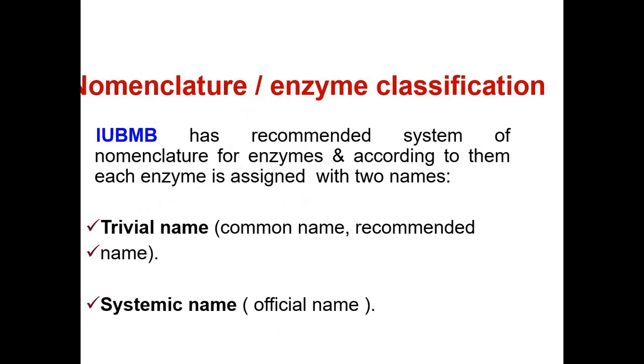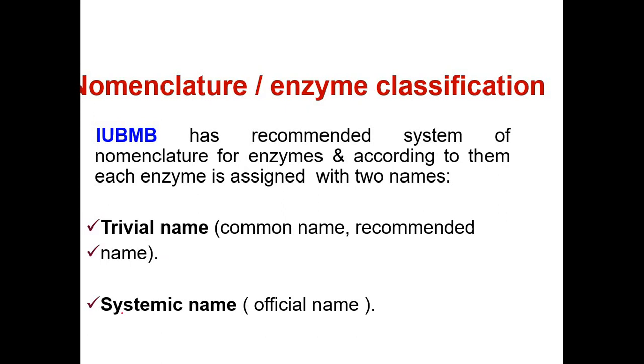Okay, so enzymes class have nomenclature. So this organization IUBMB recommended a system of nomenclature for enzymes. Okay, so this is a very good system para to identify the enzyme, because there are so many enzymes that it might be difficult kung wala sila'y proper or wala sila'y systematic nga naming, di ba?